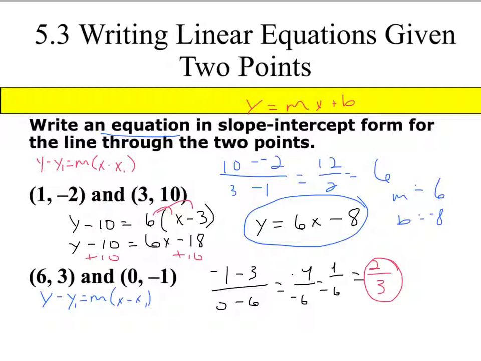I am going to use the slope: y minus a negative 1 is equal to 2/3 times x minus 0. Okay, simplify here. I now have y plus 1 is equal to 2/3 x. I don't need the minus 0 anymore because it doesn't add anything to the equation.